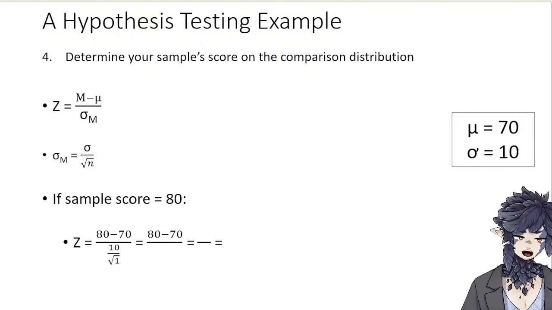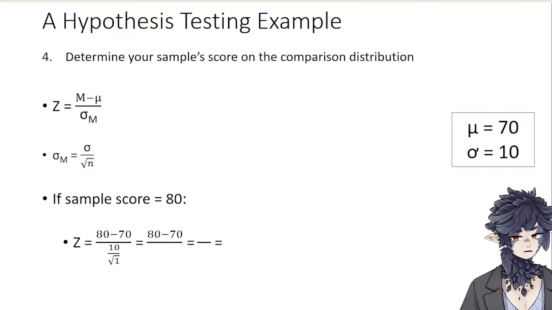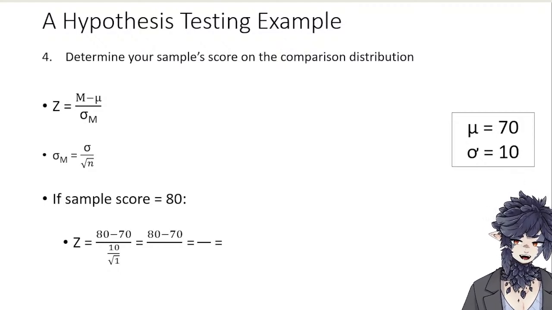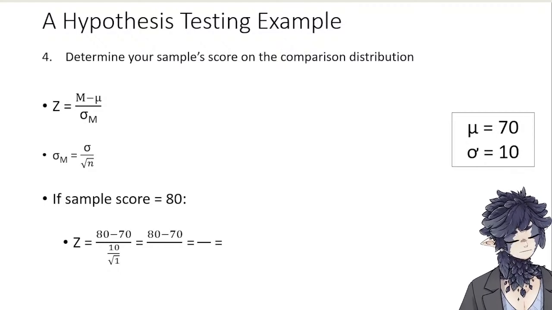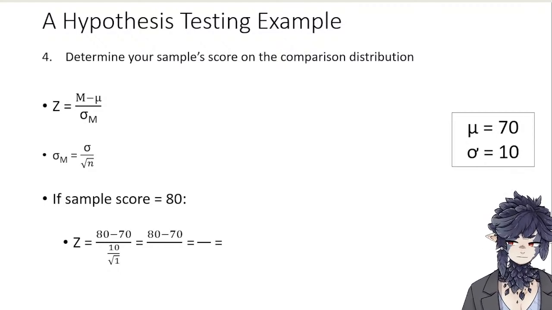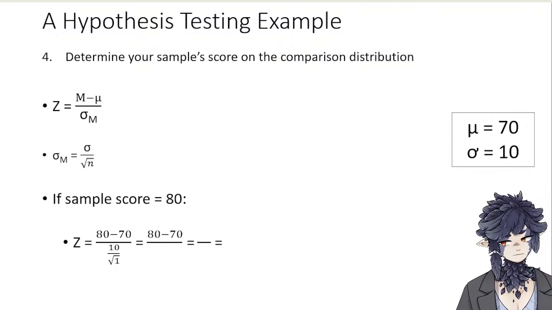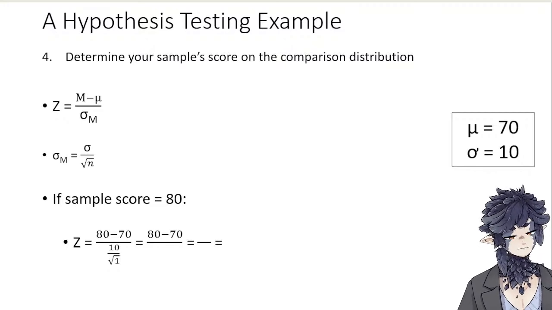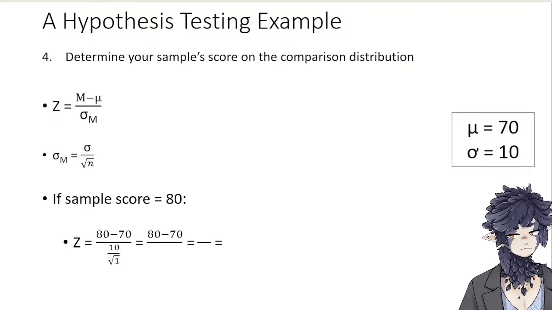Maybe I barreled into that a bit, but let's see. 10 divided by the square root of 1. What does that give us? Well, first off, what's the square root of 1?